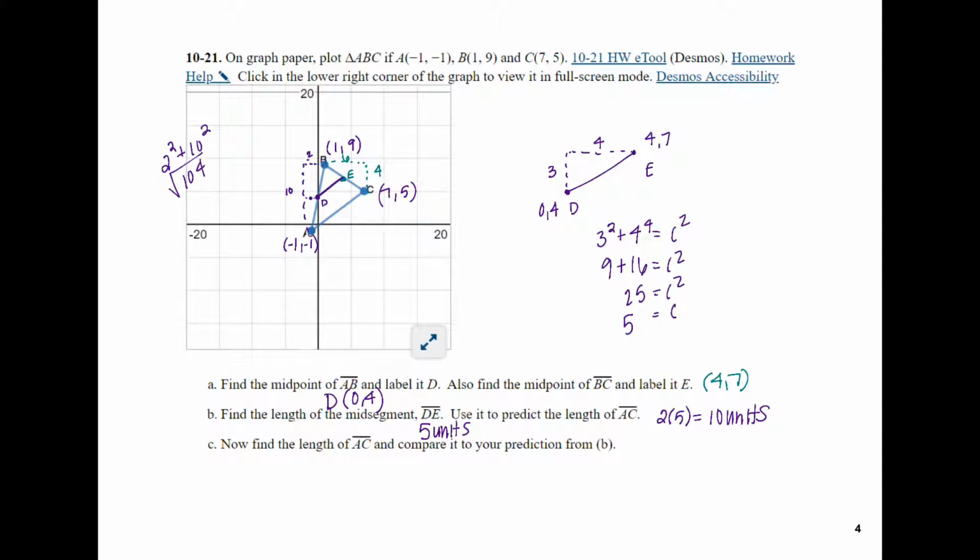Then we would compare it to our prediction from part B, which would be 10 units long.